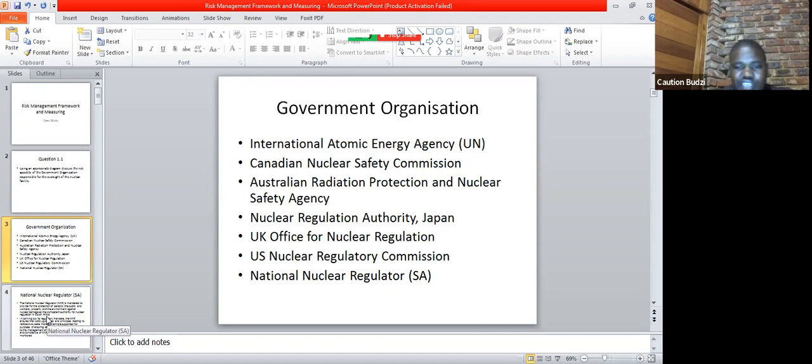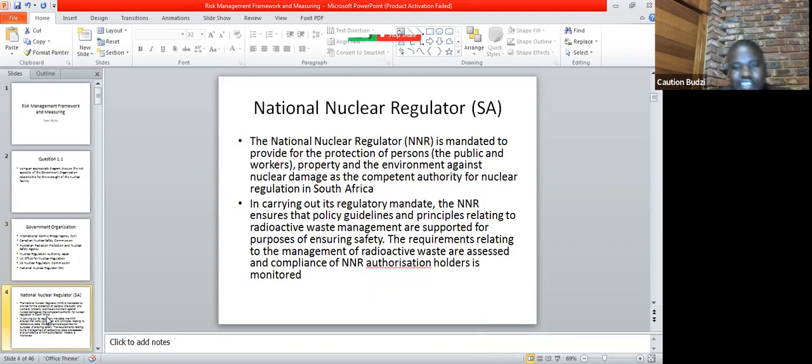So these are some of the nuclear regulators across the world. These are found in almost every country with a nuclear power plant, and it's regulated by the government.